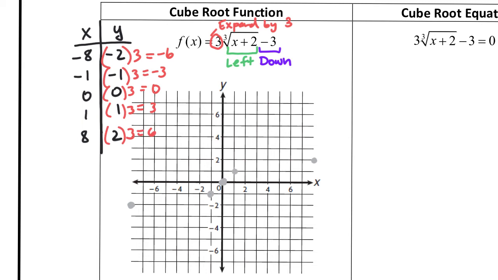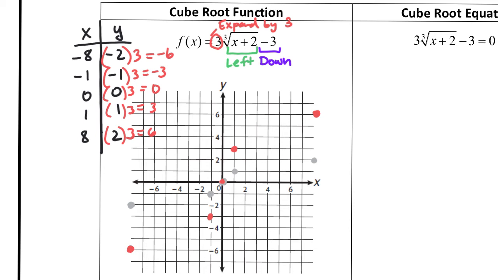So how's that going to change the graph? Well, it's going to make it look like the following. So it's going to go down to 3 here, up to 3 here, over here at -8, instead of going down 2, it's going to go down 6. And then over here, it's going to go up to 6.